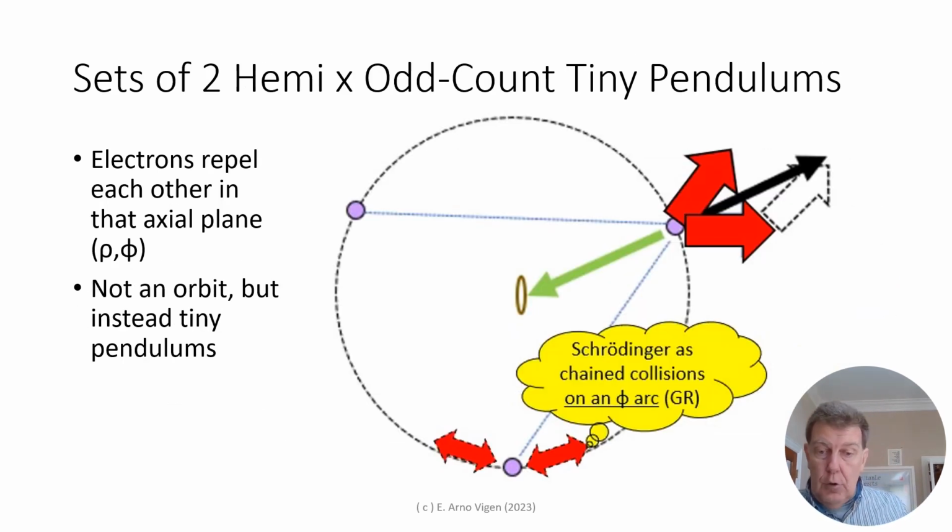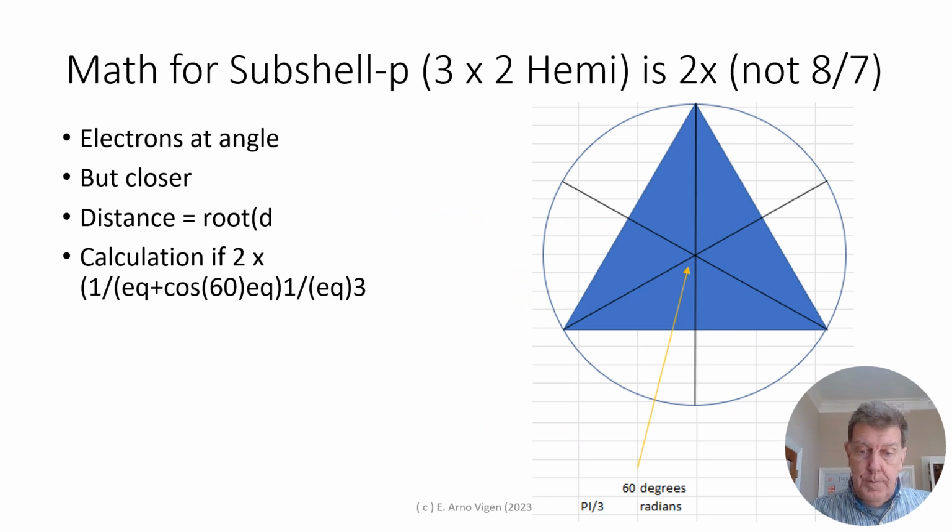Now, for the subshell rings, you're trying to fit 3 in. So instead of it being 1 here and 1 here and that being 8/7, these are a little closer, but at an angle. So this calculation is a little more complex, but we can do this. If you have, say, 3, I'm going to do subshell P, since that's 3 times 2 hemispheres.